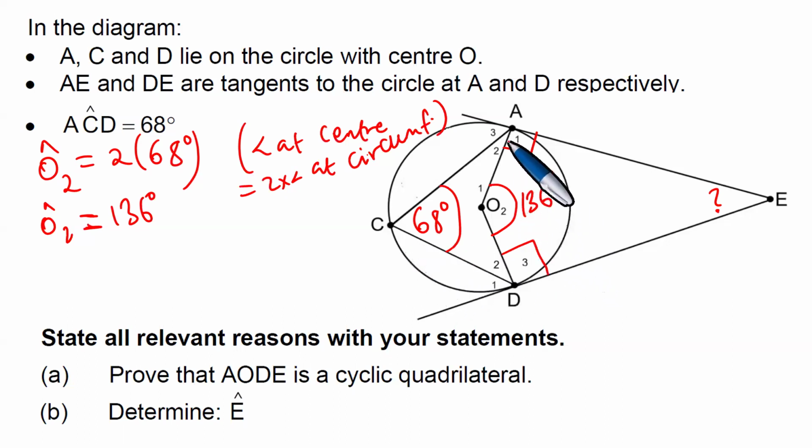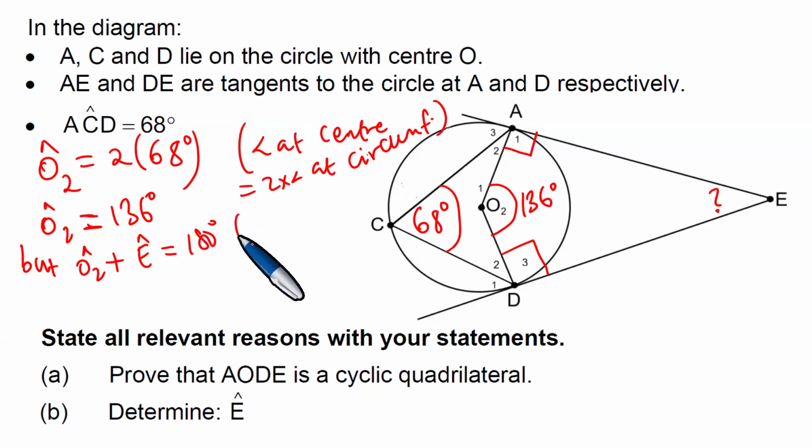And at this point, we know that AODE is a cyclic quad, so that we can then say that angle O2 plus angle E is equal to 180 degrees.